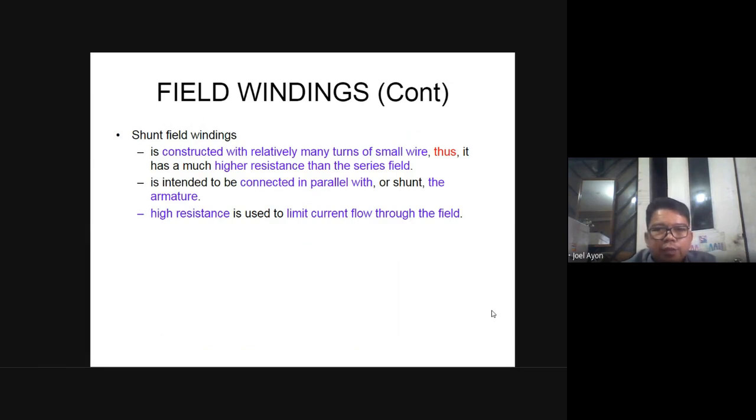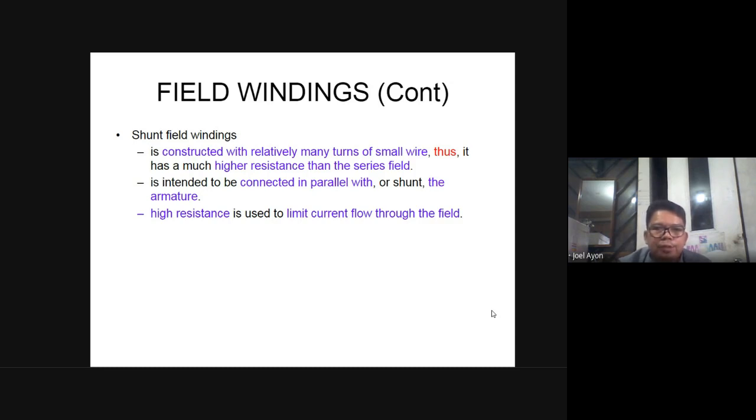Next we have the shunt field windings. Shunt means connected in parallel. The winding is connected in parallel with the armature, which is why it's called a shunt motor. Earlier we had the series motor, and this one is the shunt motor. The shunt motor has higher resistance, which is used to limit current flow through the field.